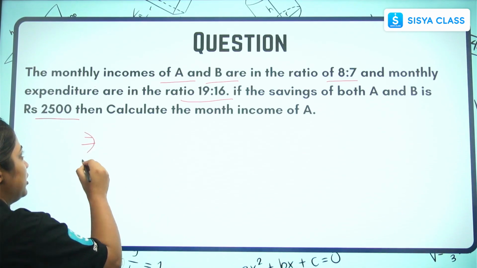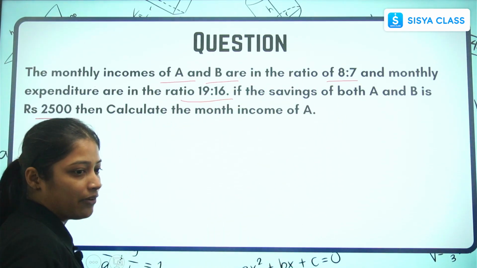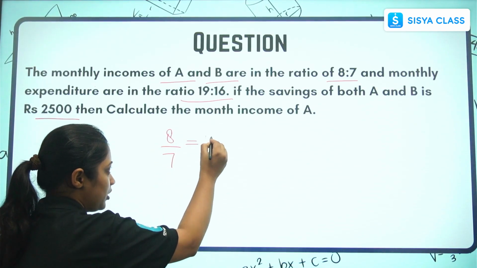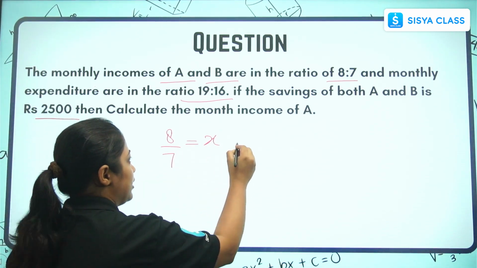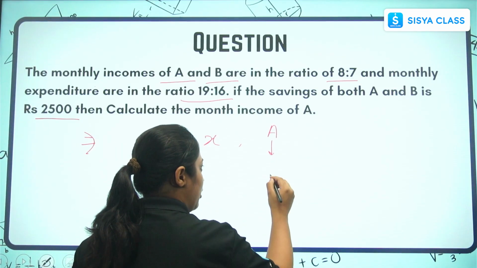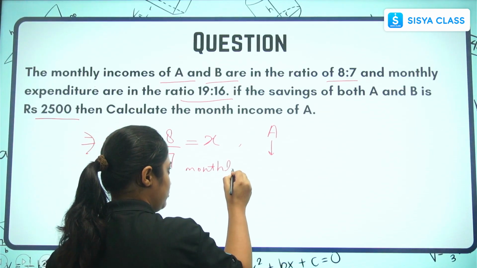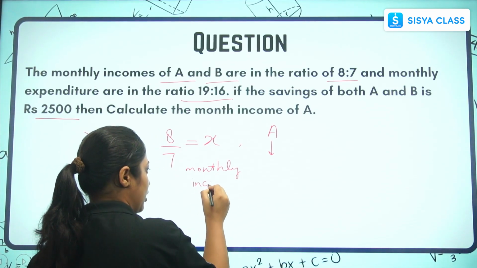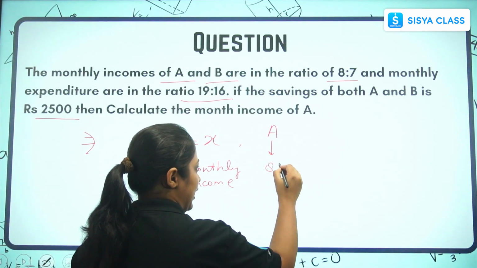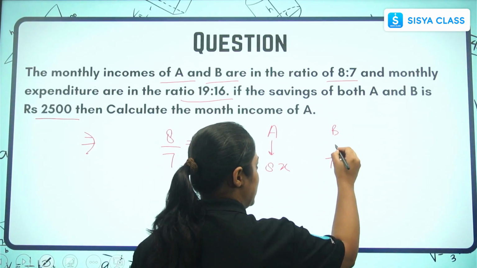So in the question it is given that the monthly incomes of A and B are in the ratio of 8:7, right? So let's assume that this ratio is x. So let's assume the monthly income of A is 8x and the monthly income of B is 7x, okay?